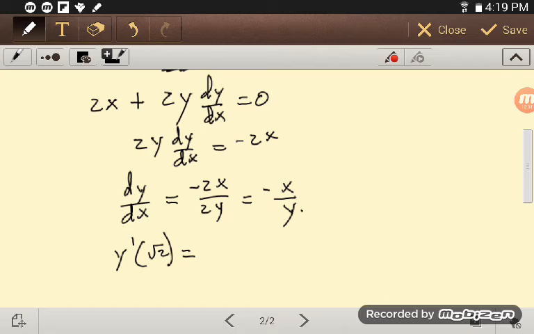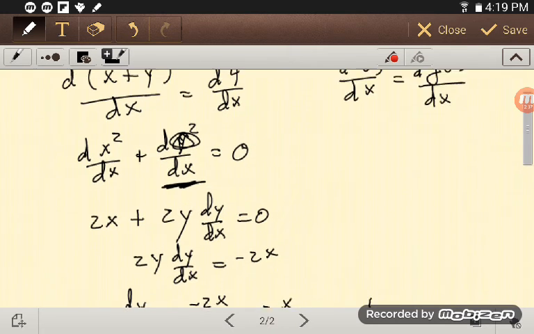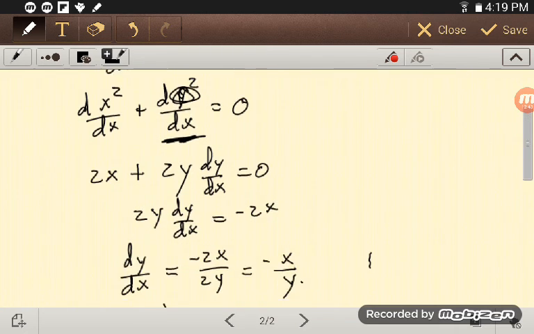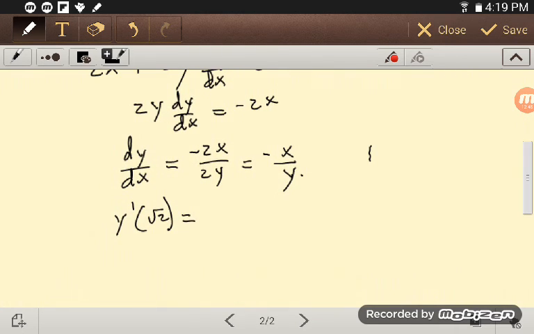Well, I would need to know its y value, right? But I could get that even up here with this original, or I could solve for what the y value is given x equals square root of 2. But once I have that x and y value, I get my negative square root of 2 over the square root of 2, which is negative 1.